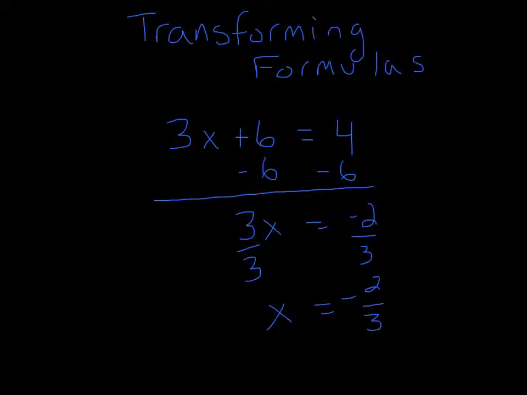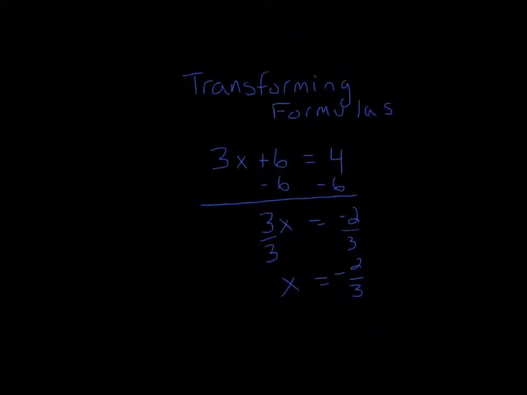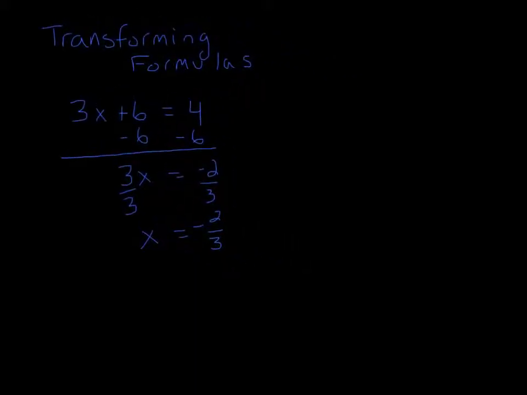Okay, so now transforming formulas is basically the same thing except now, unfortunately, this is what actually scares most people. Now we have more variables involved typically. So in your notes, it talks about the airport and the computers that the air traffic controllers use.